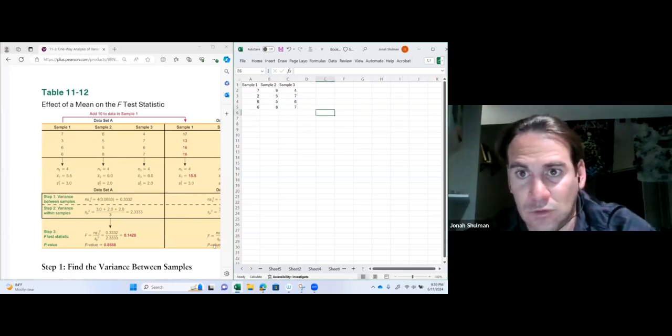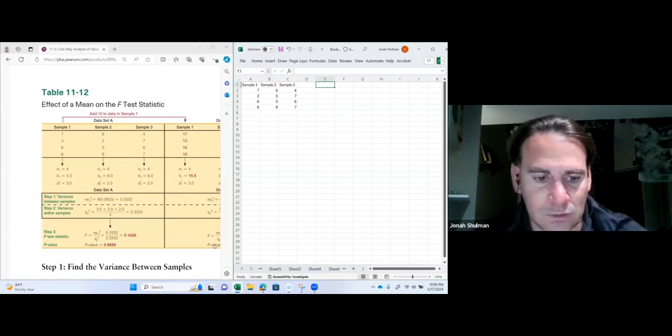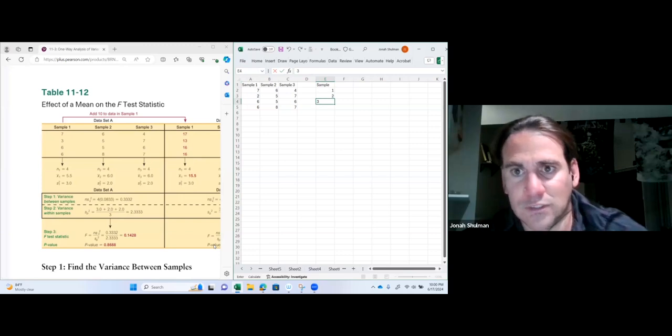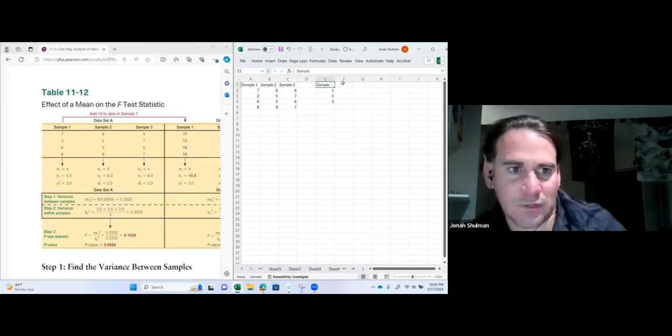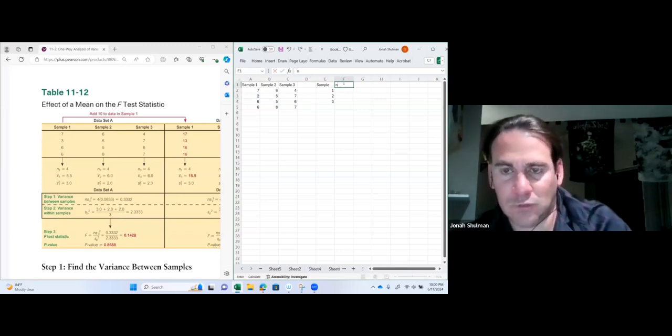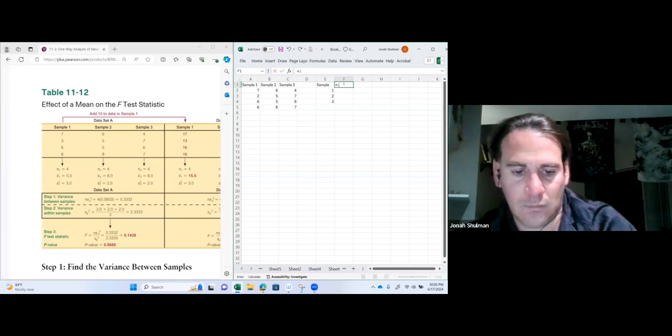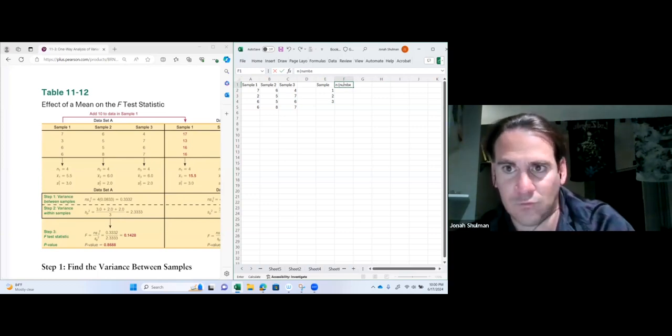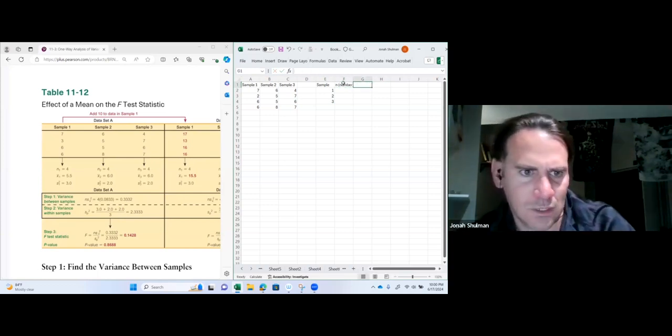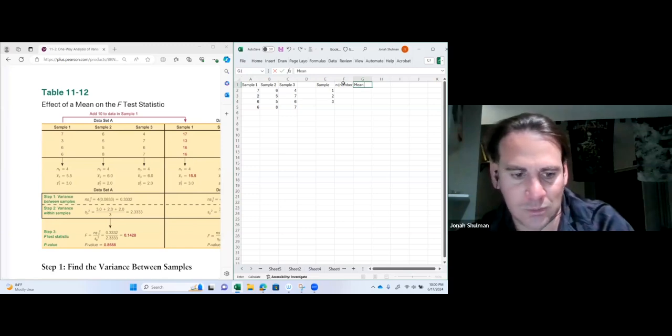Now, if you're going to be working with data, the best thing to do is to make a chart. So for our chart, the first thing I'm going to do is just say sample, and I'll make it 1, 2, 3. So I can have everything that I need right here. I'm going to need my n, which is my number of participants. I'm going to need my mean, or x bar.